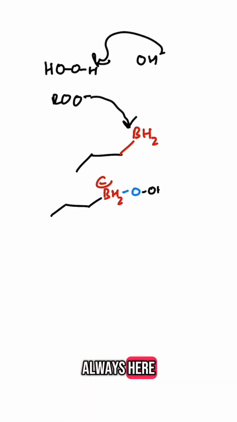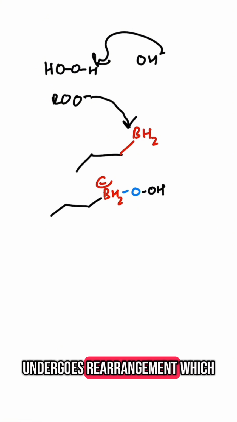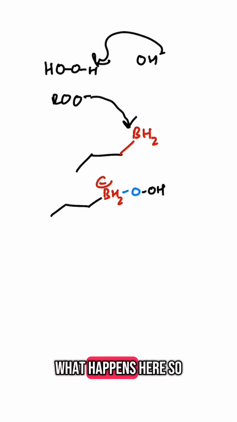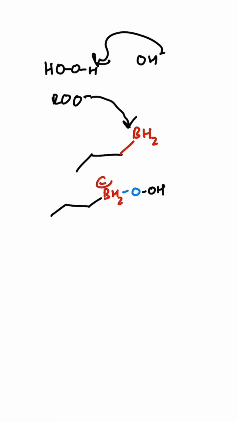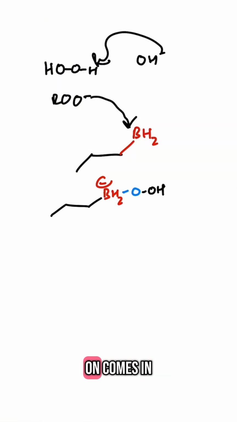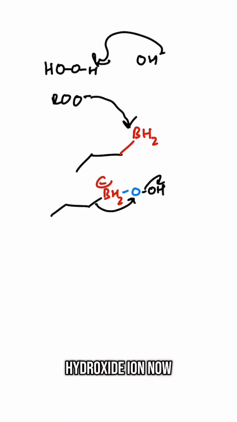There's OH here. And then this undergoes a rearrangement, which isn't uncommon to see where you use peroxides. It's kind of a weird one because it's hard to wrap your head around, but this is what happens here. So this bond here, there's a negative charge on it, comes in, moves, this kicks off here, and it's a hydroxide ion now.